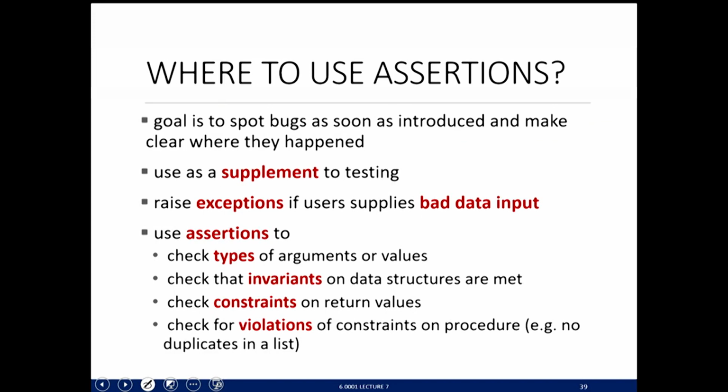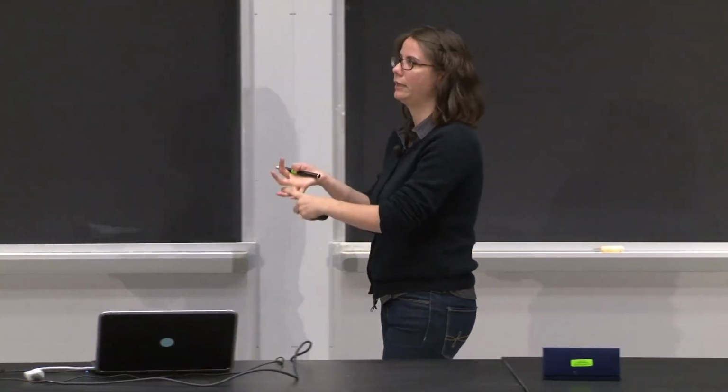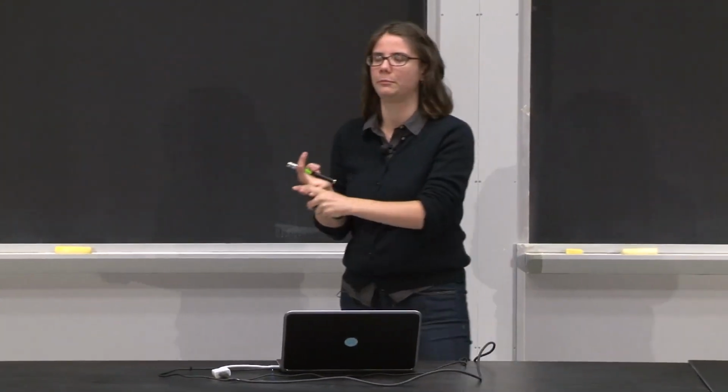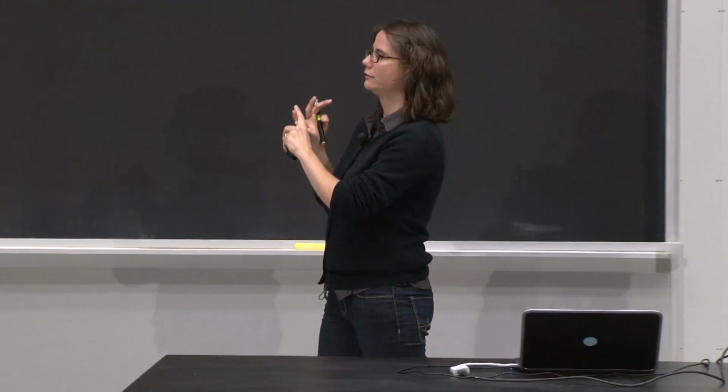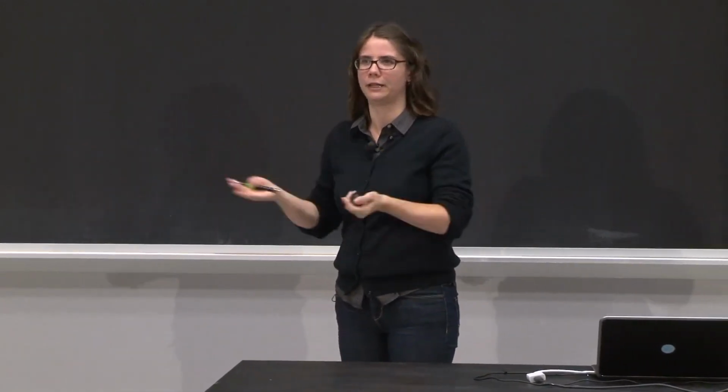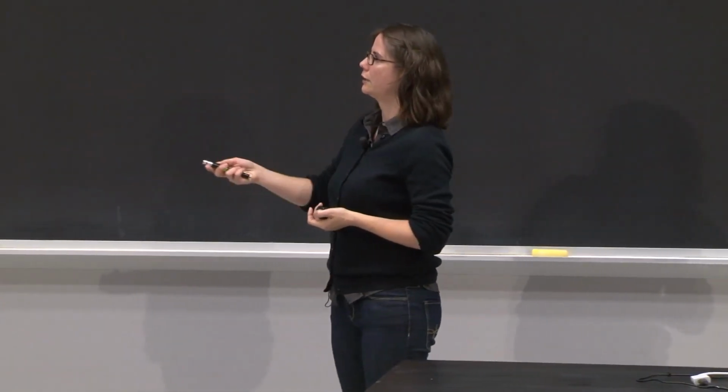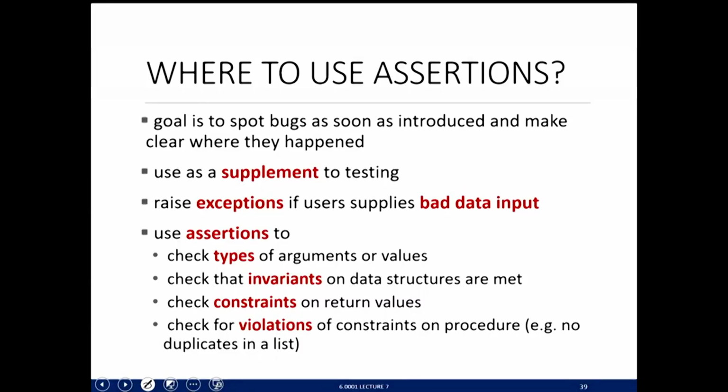Okay? And exceptions are good if you want to raise them when the user supplies bad data input, but assertions are used to make sure that the types of inputs to functions, maybe other conditions on inputs to functions are being held as the values are being passed in. Okay? So the keyword here is making sure that the invariants on data structures are met. And that's it. Great.